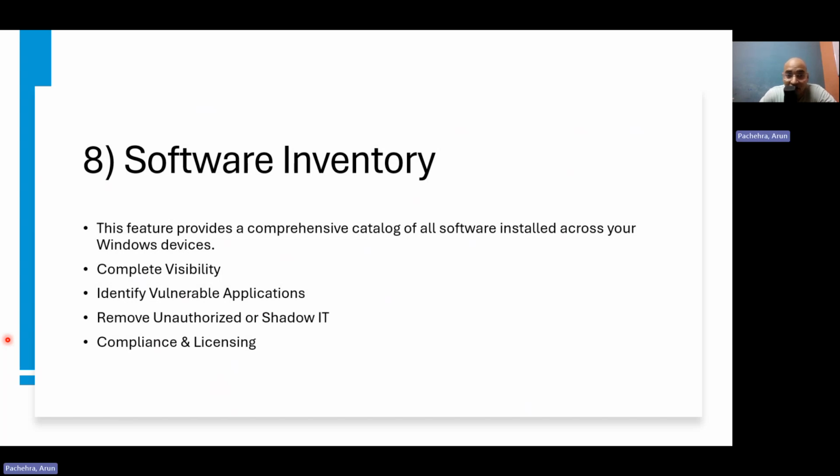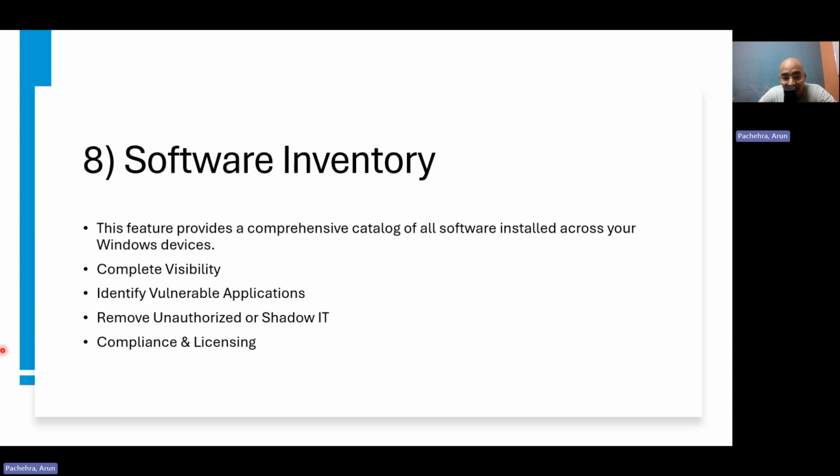The intention is to make the job easy, but the side effect is it will invite the attackers. So you need to remove them. And compliance and licensing. Regulatory audits like PCI, ISO, HIPAA often require proof of controlled software usage. Inventory supports software license compliance by tracking actual deployments. So that's how it helps us, and that's what it is.